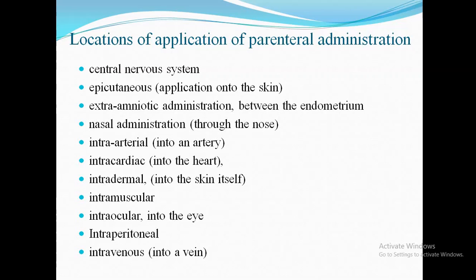Intramuscular administration is administration of drug directly into the muscles, and intraocular is administration of drug directly into the eyes. Intraperitoneal is, for example in peritoneal dialysis, where the drug is administered through the peritoneum. And intravenous is administration of drug directly into the vein.